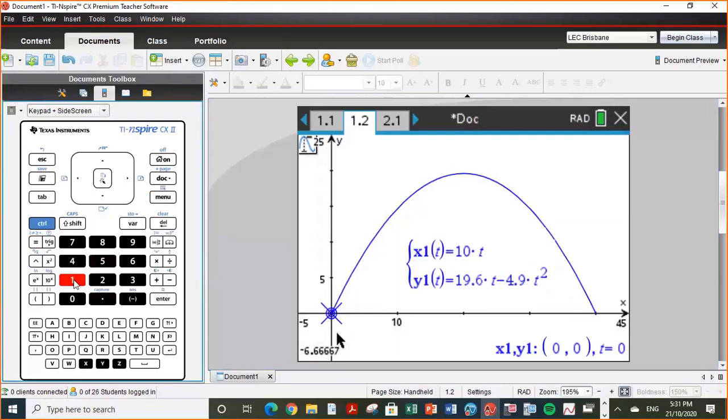What you'll see is a tracer appears on the screen. Down the bottom right-hand corner, we have the initial coordinates, the initial position of the particle, at t equals 0. Now if you press the big arrow button to the right, it'll trace out the path of the particle every 0.1 of a second.